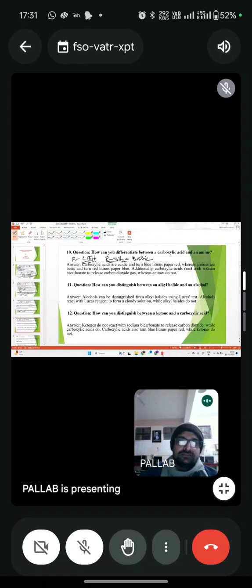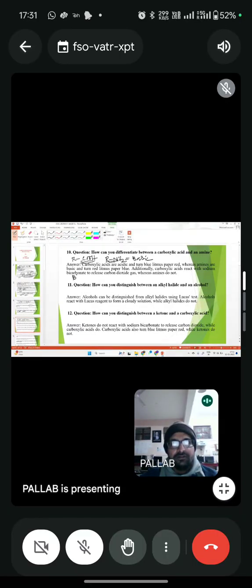So the same type of indicator which we normally use to differentiate between acid and base, we'll use. What does litmus paper normally distinguish? Carboxylic acid is an acid, so it will react with litmus paper. Which color of litmus paper will we use? We'll use blue litmus paper.